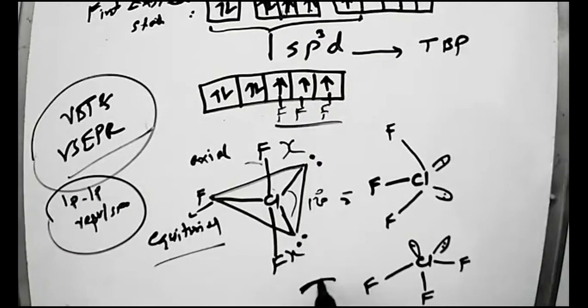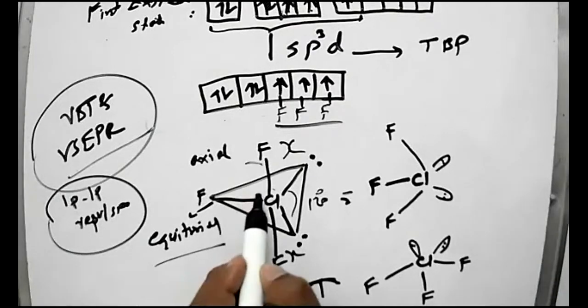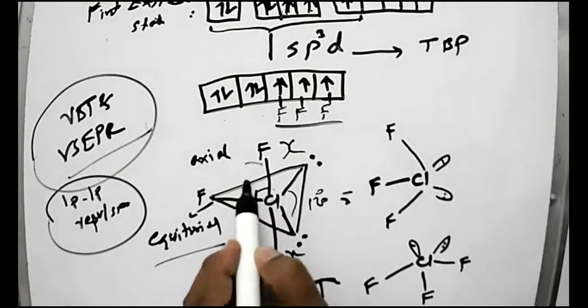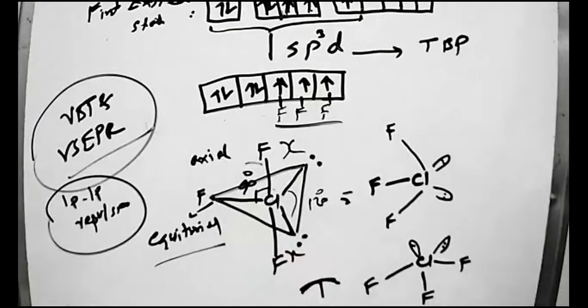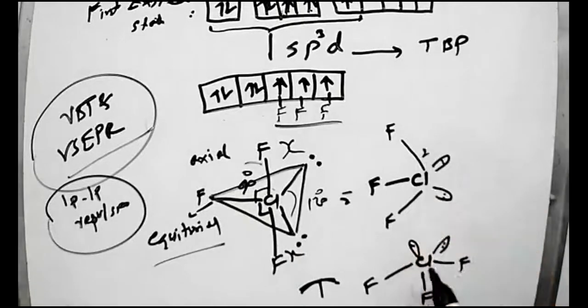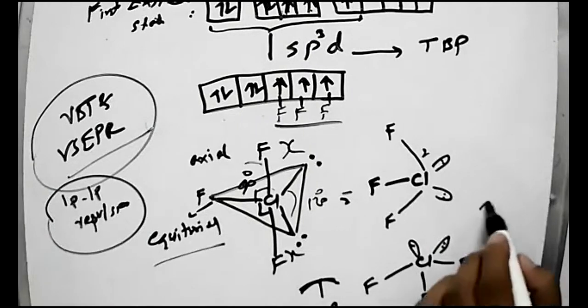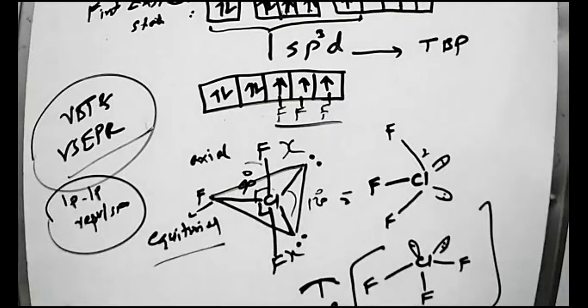The expected angle is 90 degrees, but due to this repulsion it decreases below 90, so we can say the bond angle is less than 90 degrees. So this is called the bent T shape.